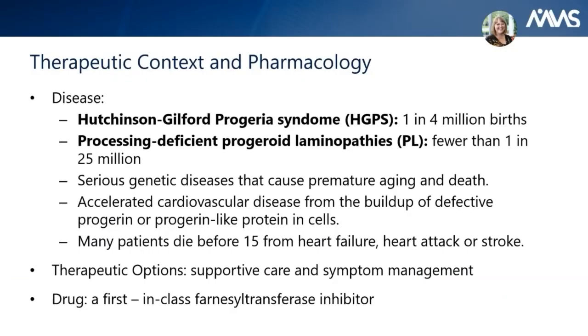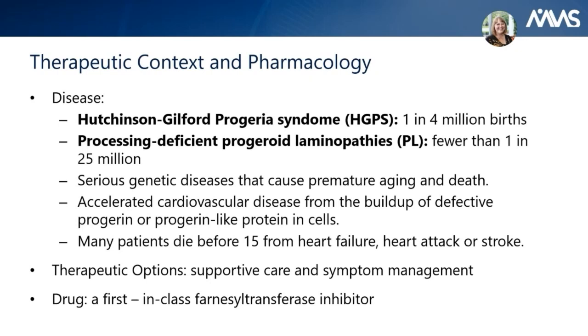So let's start out by looking at the therapeutic context. The disease in this case is two similar diseases, Hutchinson-Gilford progeria syndrome and progeroid laminopathies. These are both rare and serious genetic diseases. They cause premature aging and death and have a debilitating effect on people's lives.